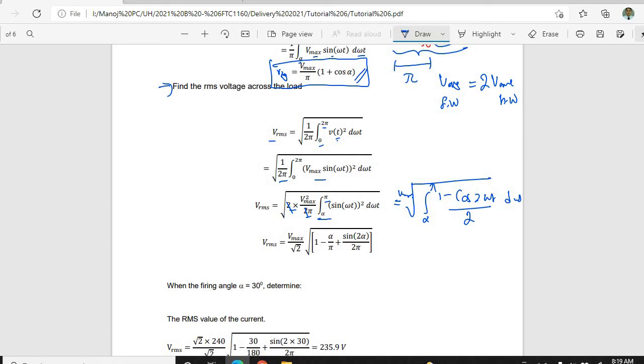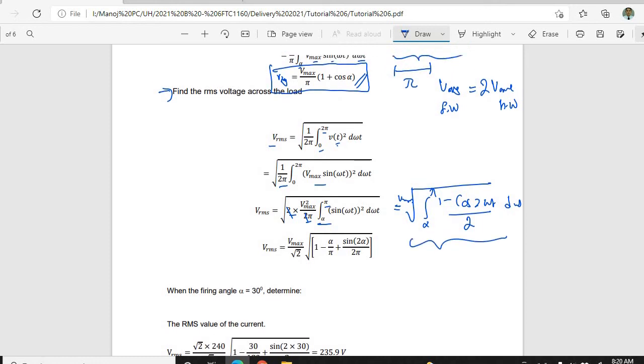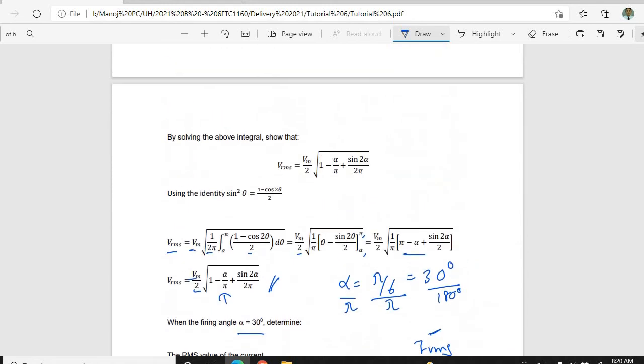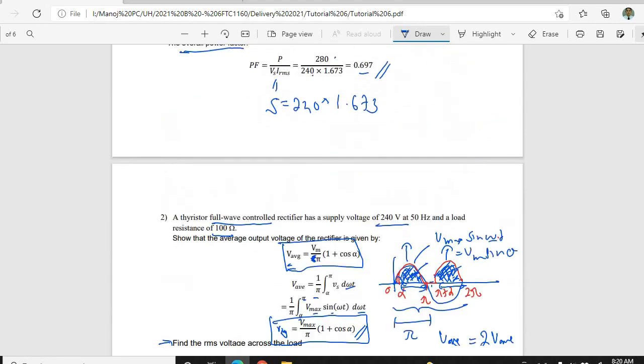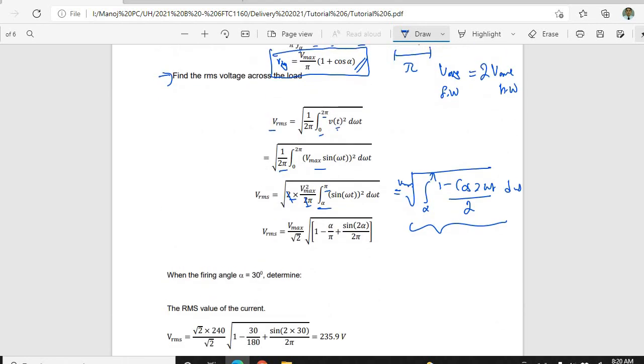Like that you can substitute. For this one you will get the same value that we found previously. You have the same integration, only the thing is we have multiplied by 2. So here you'll get root 2.